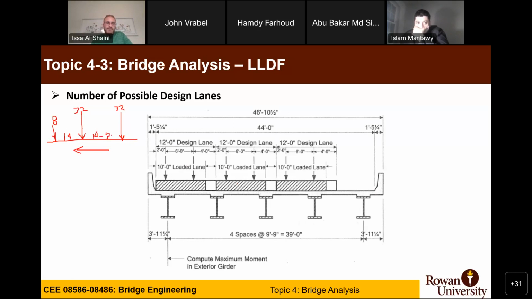We did the influence line last time in order to get the moment and shear. So today we are considering the transverse direction, so we should consider the wheels in the transverse direction of the truck.